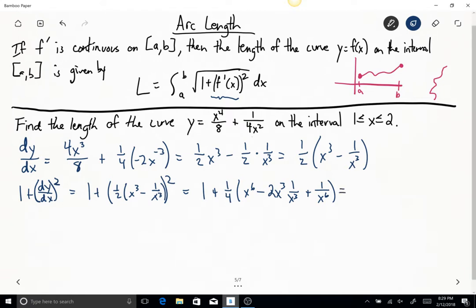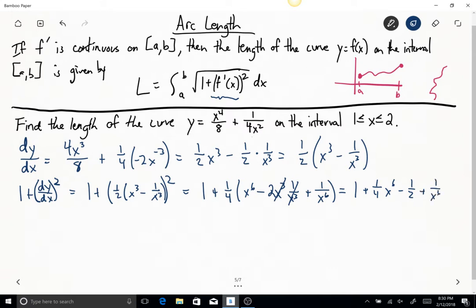And what's going to happen here. So in terms of how this sets apart, notice these x cubes cancel, and you have 2 times 1/4, so you essentially have 1 plus 1/4 x to the 6th, and then it becomes minus 1/2, and then plus 1 over x to the 6th.